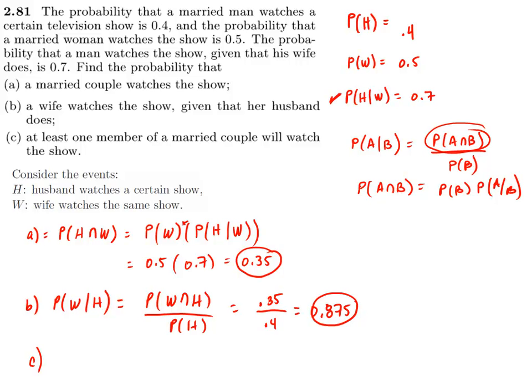Because you have some probability of watching the show here and some probability of watching the show here. So the combination of the two will give you that probability. You need to account for this probability and this probability because the event can happen here and here. So if you put both of them together, then you're going to find that probability. So that being said, what we are looking at in that particular question is the union of the events.